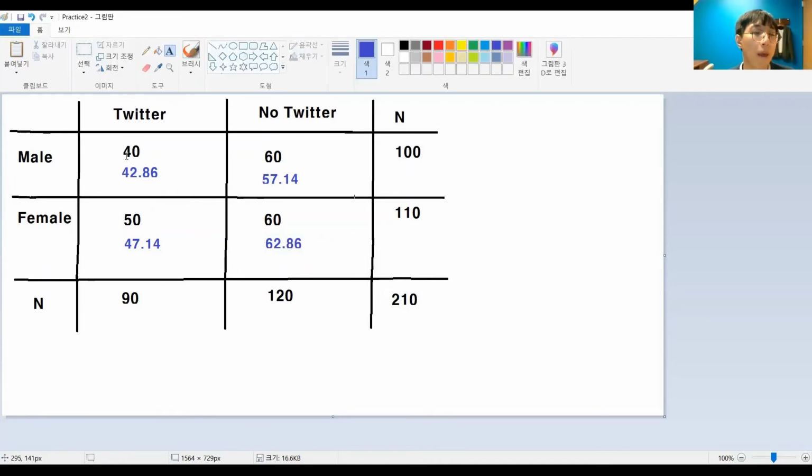So we get the observed counts and expected counts for each cell and just do the math following the formula.